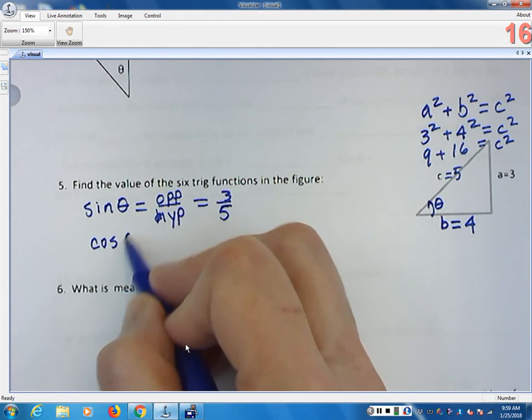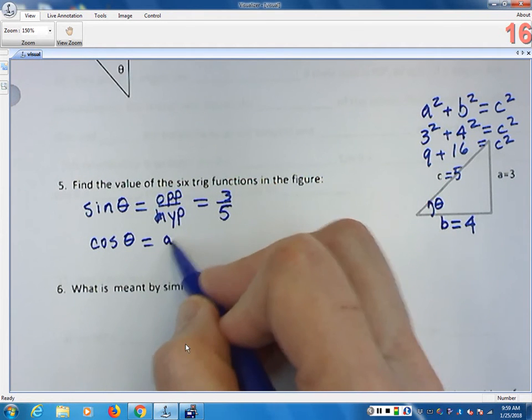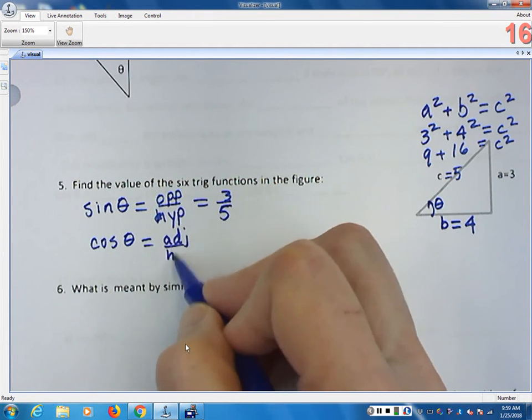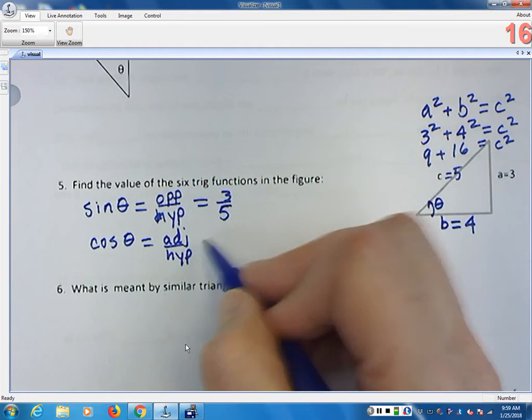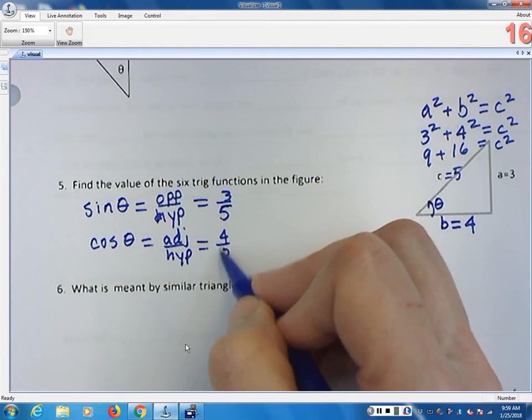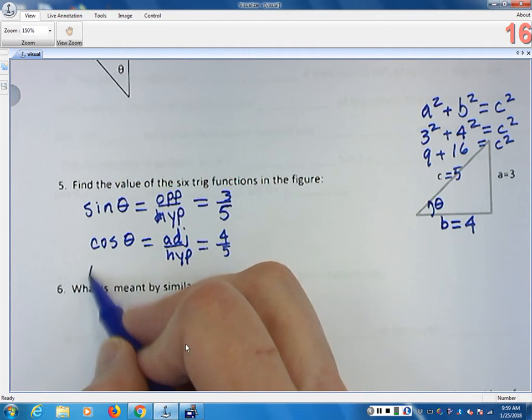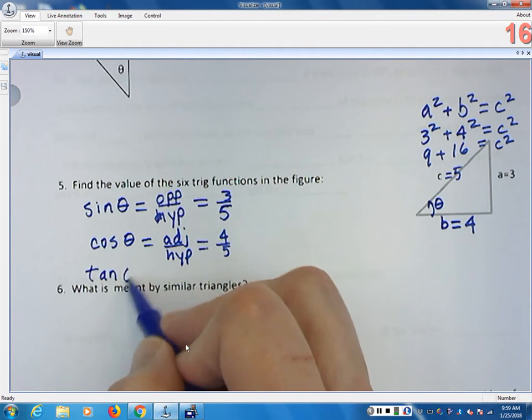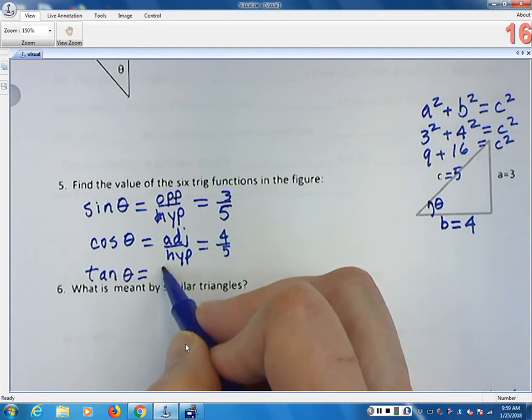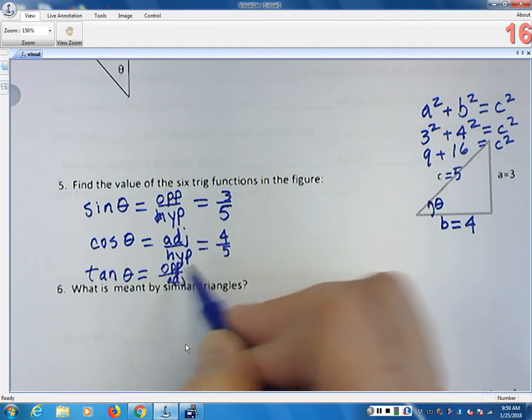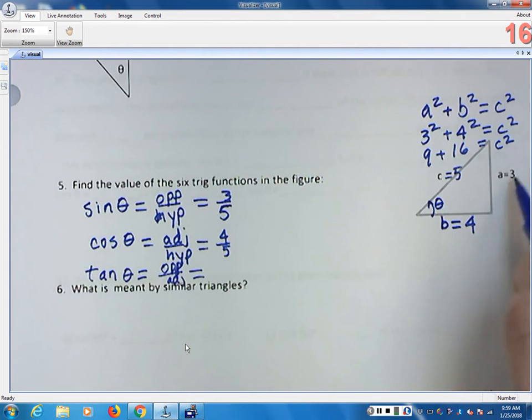Cosine is adjacent over hypotenuse, so that's 4/5. Tangent is sine over cosine, or let's just do opposite over adjacent: 3/4.